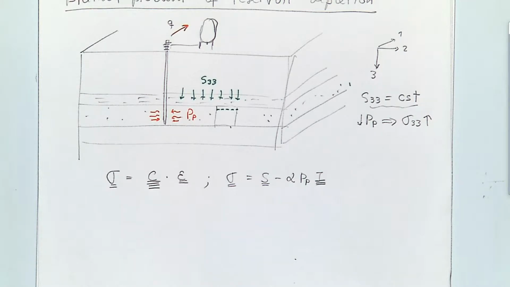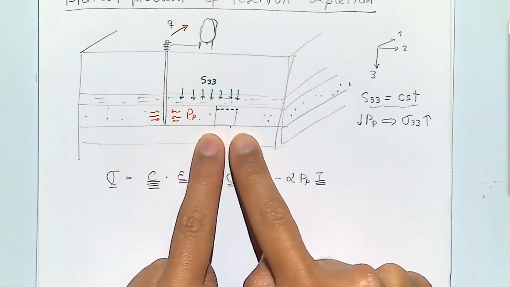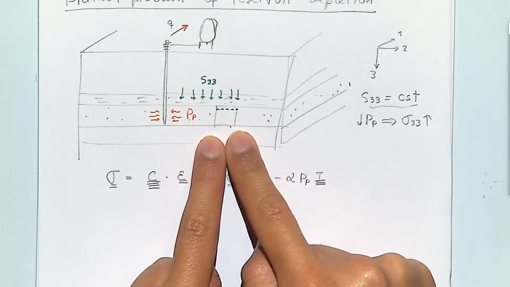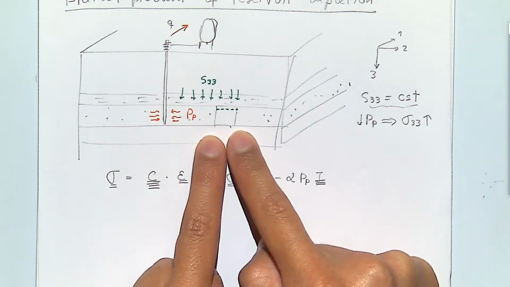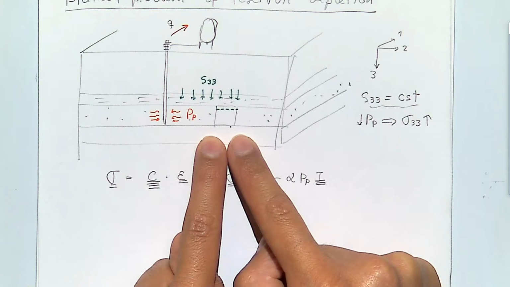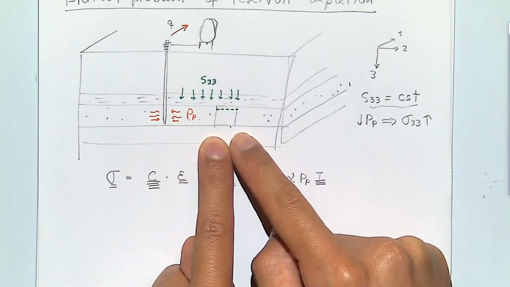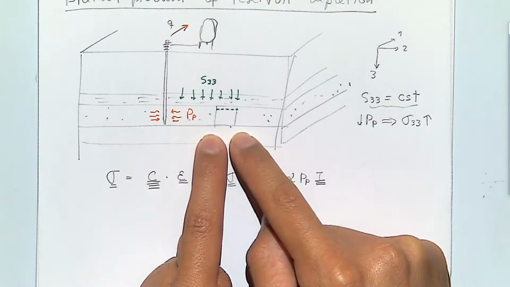But remember, that's always under either unconfined conditions or constant stress conditions. But this is not unconfined, and this is not constant stress. This is closer to what we have seen, and it is known as a one-dimensional strain condition.